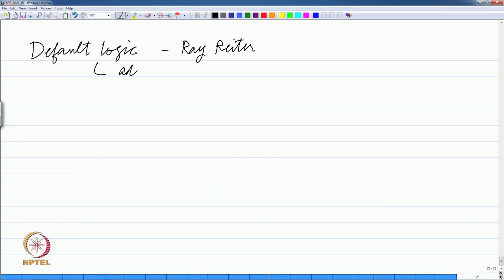Now, what default logic does is that it is in some sense the opposite of the closed world assumption. You add certain statements which you assume to be true.